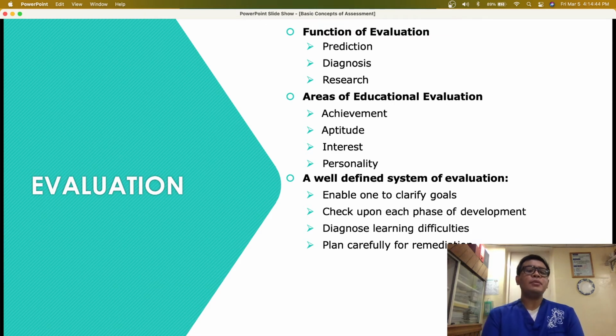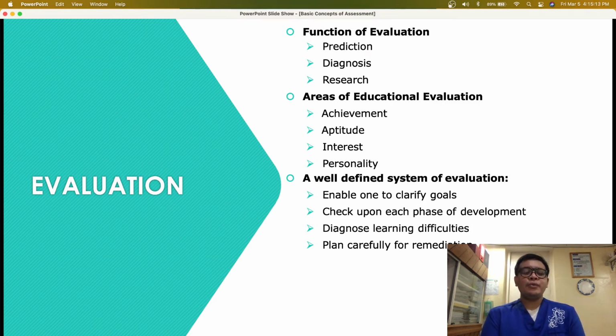And talking about areas of educational evaluation, it's more about how we make sure that our students are interested in what we have taught them, making sure that these students will be able to achieve things they were able to accomplish, not just for themselves but also for their application, for them to apply it in their lives, and making sure that their personality is being enhanced as well.